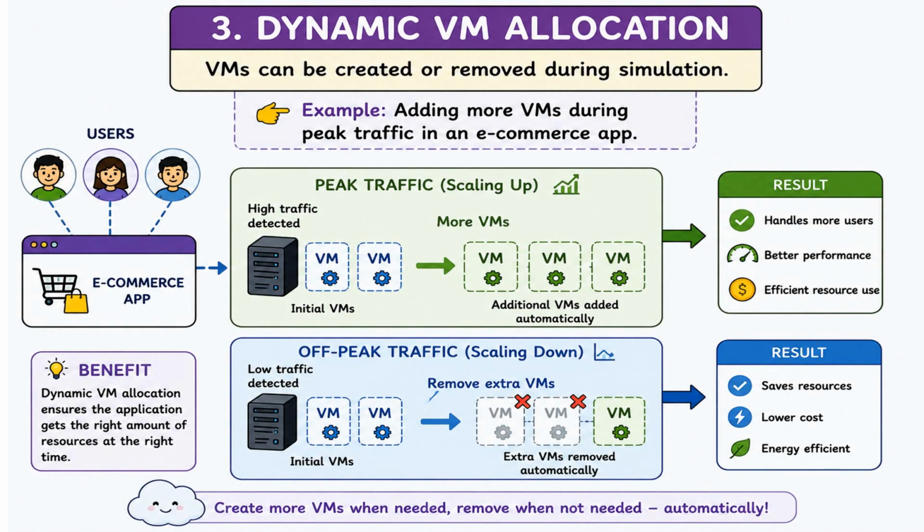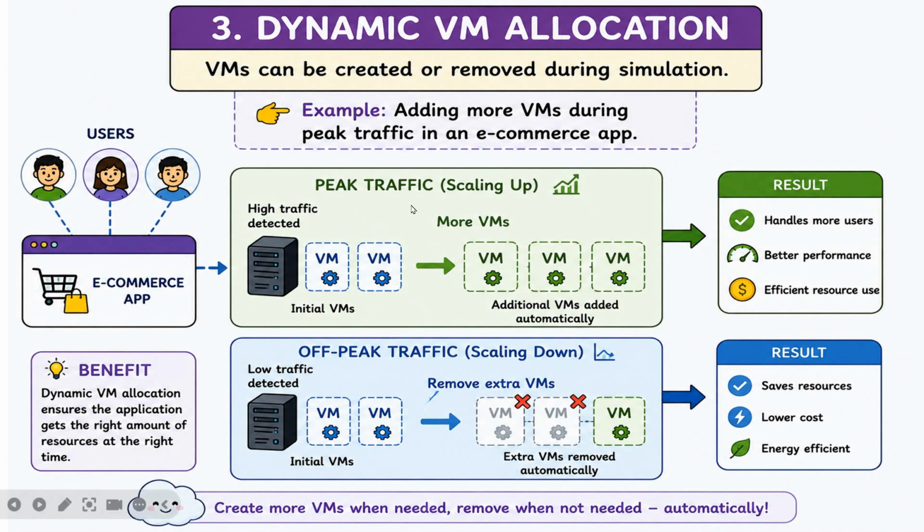Next is the dynamic virtual machine allocation, which is another feature of CloudSim that allows virtual machines to be created, added or removed automatically during the simulation based on workload requirements. Here it helps the cloud systems to adjust resources according to the user's demand.